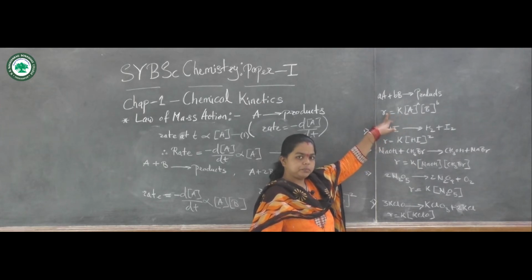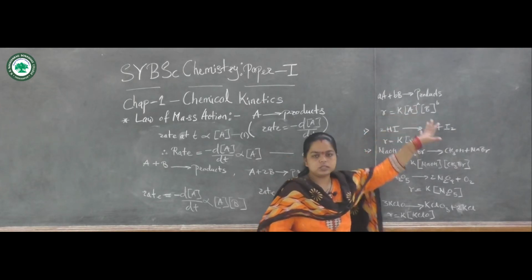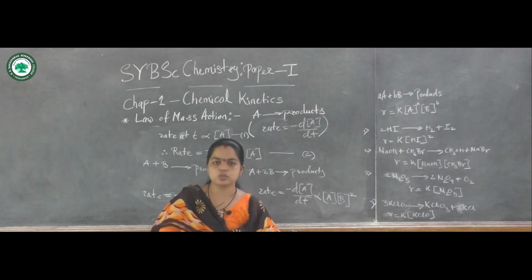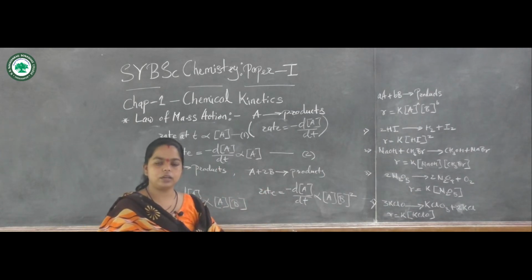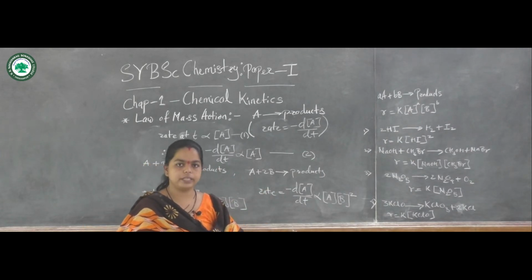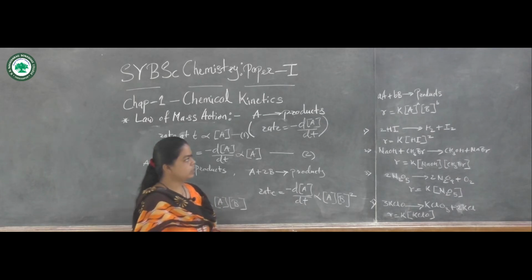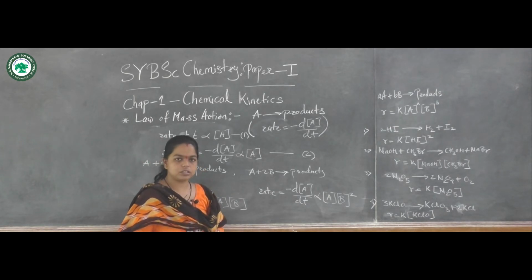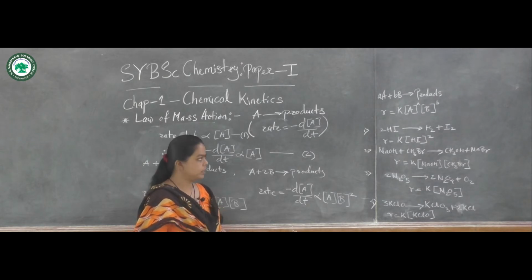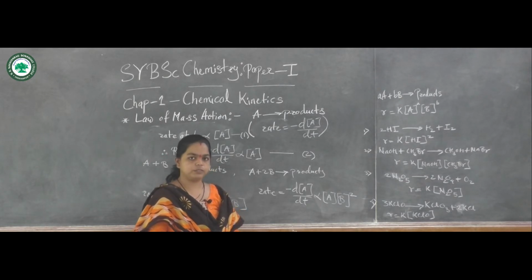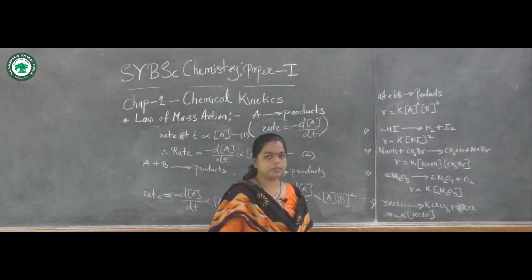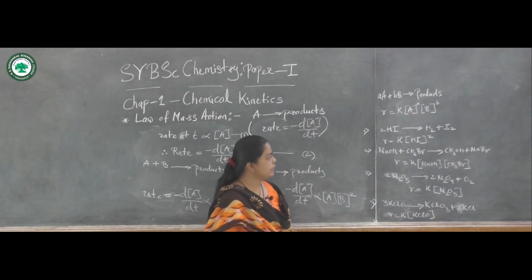So the rate becomes the constant K into the concentration of the reactants raised to their stoichiometric coefficients. Any balanced reaction can be written in the form of the law of mass action, or the rate law can be given.